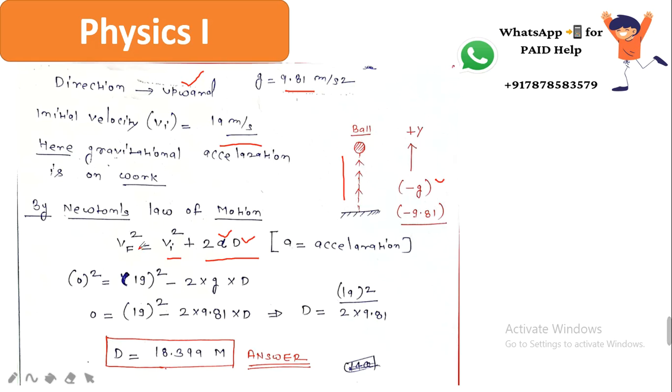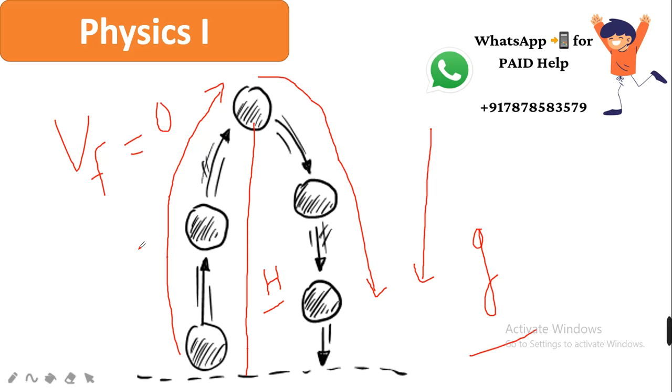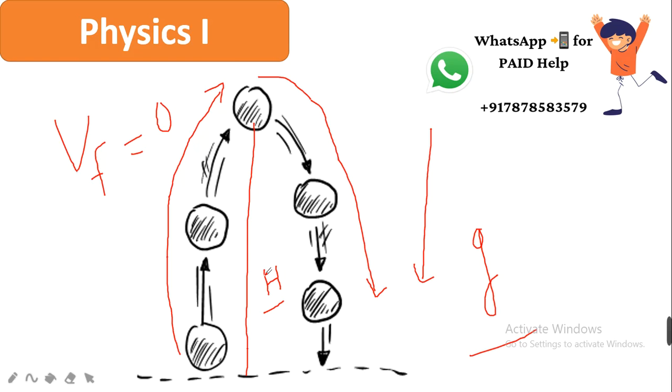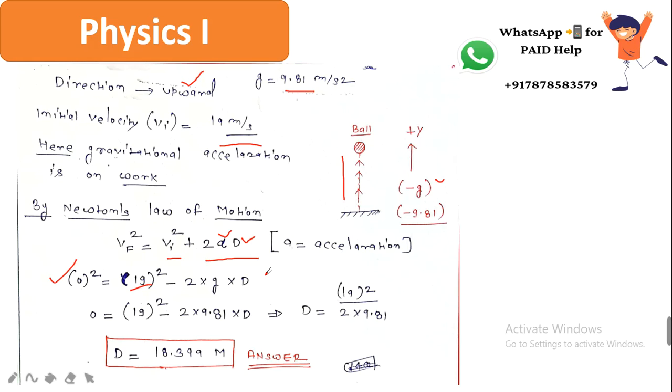As I have mentioned earlier, whenever the ball reaches its maximum height, its final velocity will be 0. So v final is equal to 0 and v initial is 19 meters per second squared, and whenever the ball goes in the upward direction, we take the gravitational acceleration as minus 9.81. So 0 equals 19 squared plus 2 times minus 9.81 times d, where d is the total vertical distance covered.